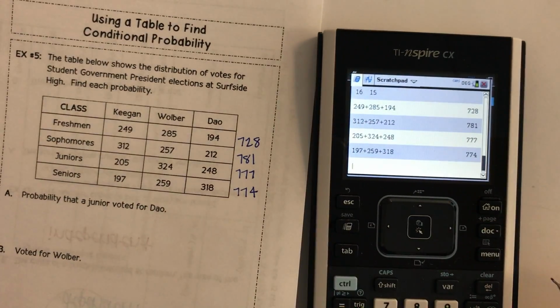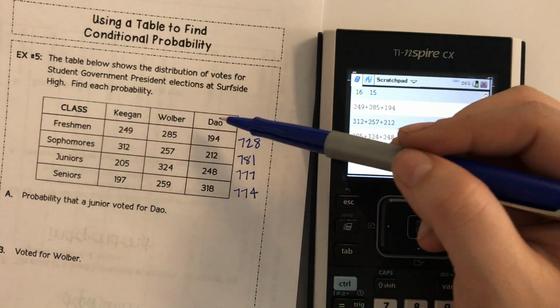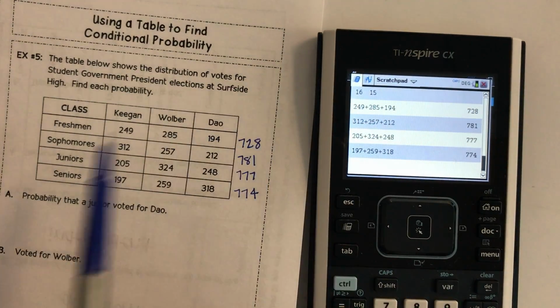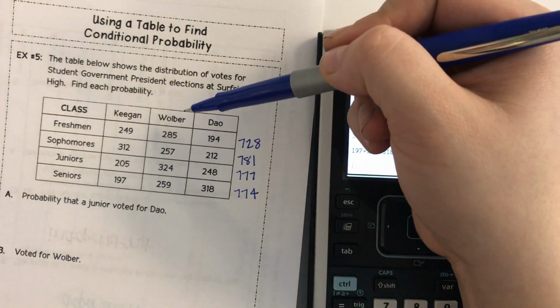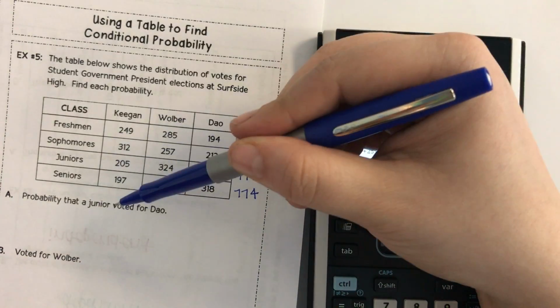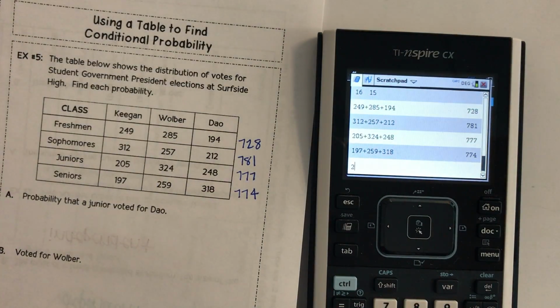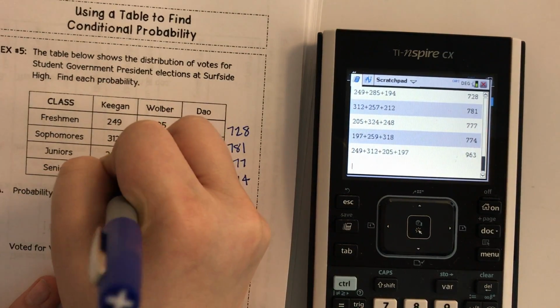Okay, we're not done. We need to figure out how many people voted for each person. So we have the total number of freshmen, sophomores, juniors, seniors. Now we need to figure out how many people voted for Keegan, Wolber, and Dow. I'm guessing that's how you say that. So we add up all the people who voted for Keegan: 249 plus 312 plus 205 plus 197. 963 people voted for Keegan.